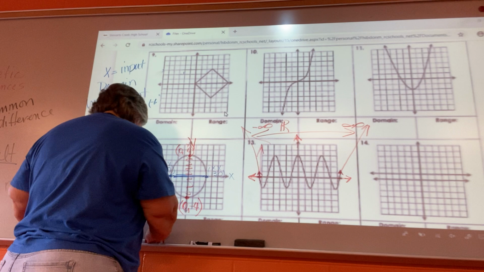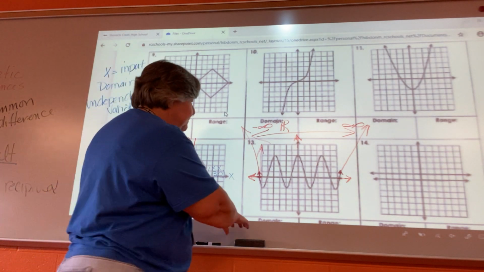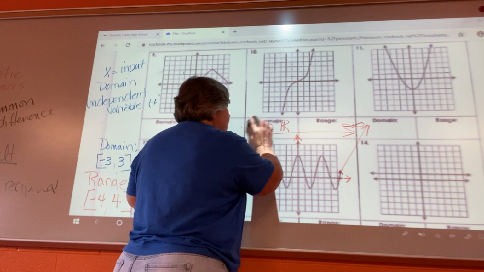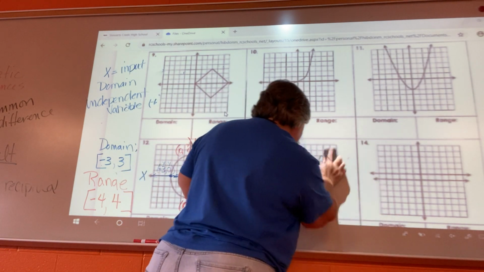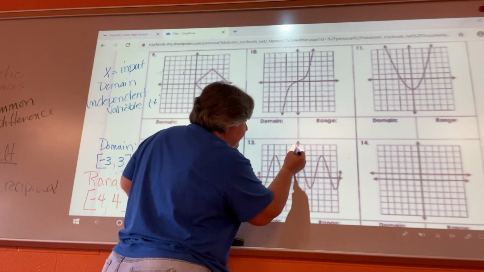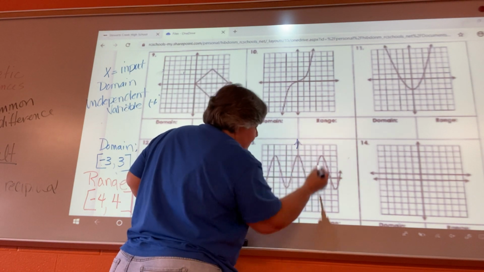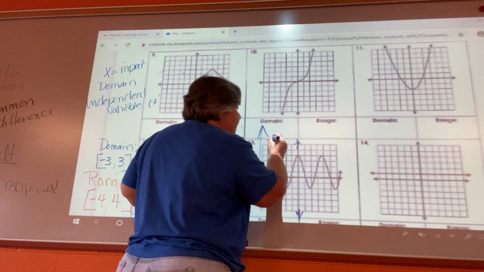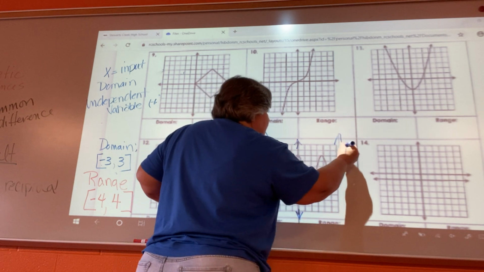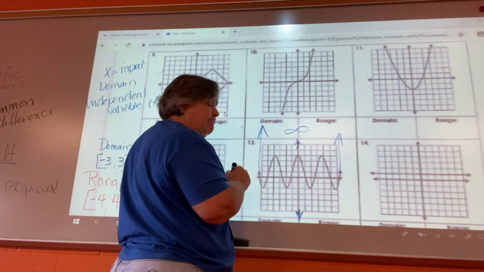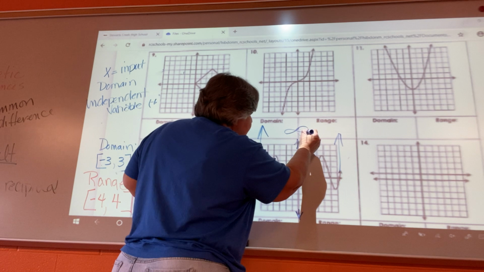Okay, let's check about the range. You can rewind and watch that again if you need to, just to get it. I have the range is the Y values. Now, we know it goes up like this, so it's going to positive infinity on the range, on the Y-axis.